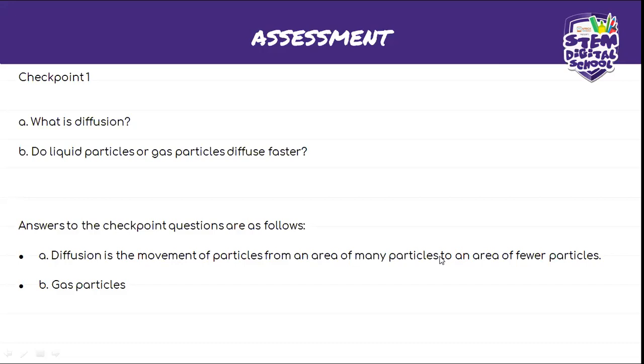Now, the answer to B, they are gas particles. So all of you got 4 marks, 2 marks for A and 2 marks for B.